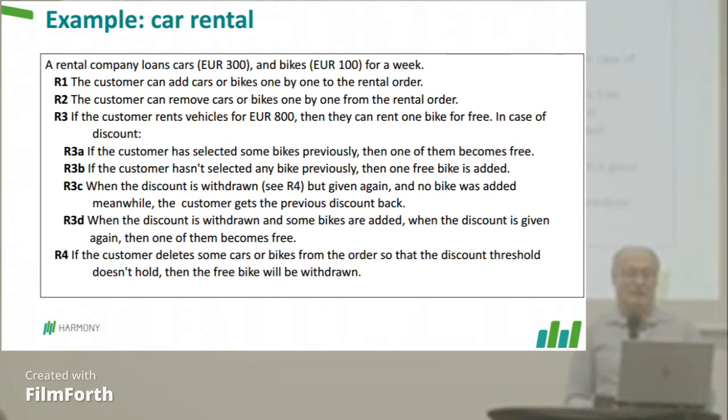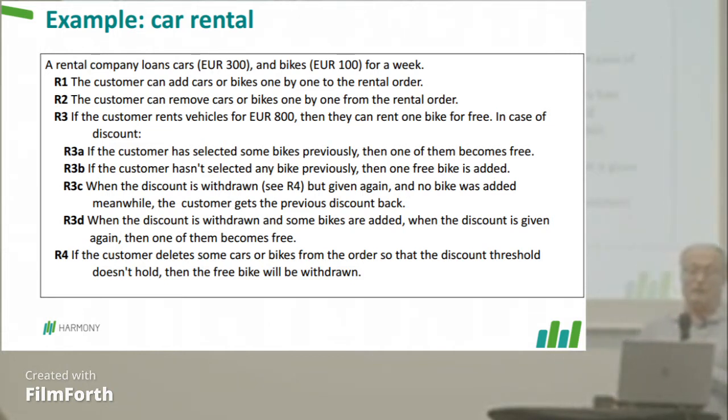And if the customer rents vehicles for at least 800 euros, then they can get a free bike in a different way. If the customer previously selected a bike, then this bike will be converted to free. And if there was no bike at all, then a bike is added freely.